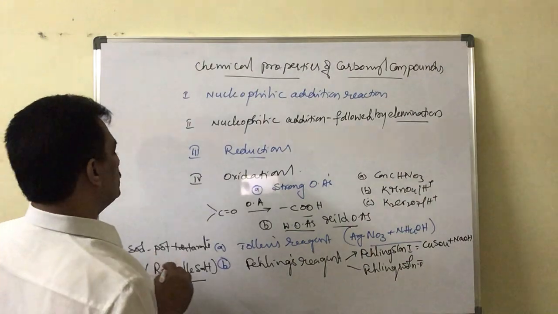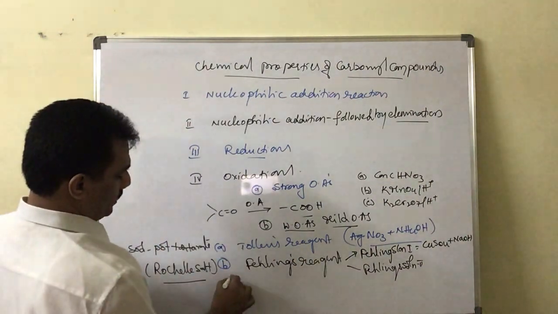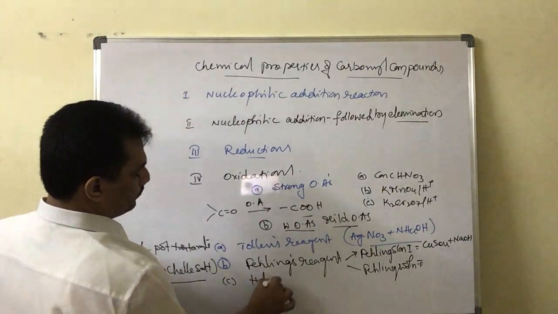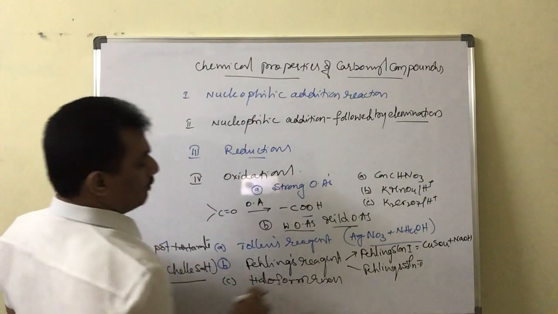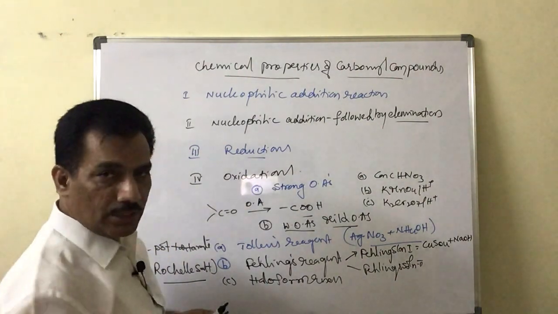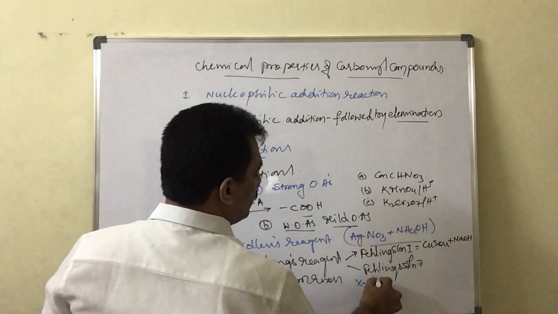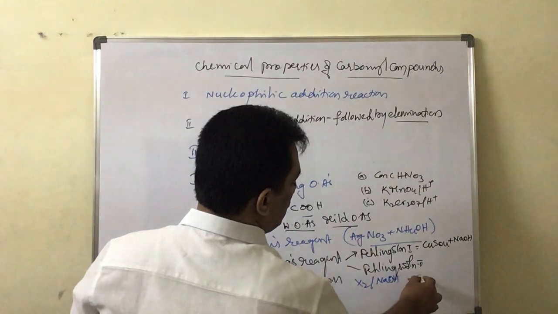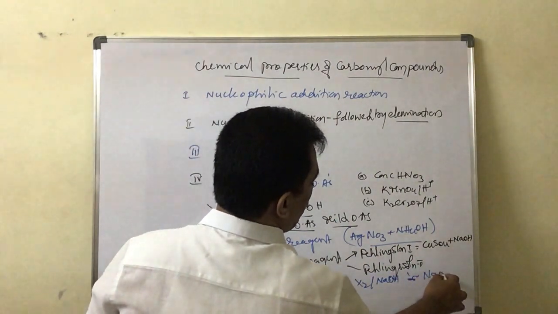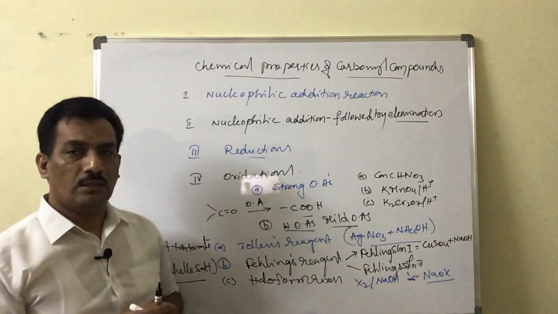And one more oxidation is the haloform reaction. That is the third one. The haloform reaction happens when carbonyl compounds having a methyl group are treated with X2/NaOH, that is halogen in presence of NaOH, or directly it may be taken as NaOX, that is sodium hypohalite.